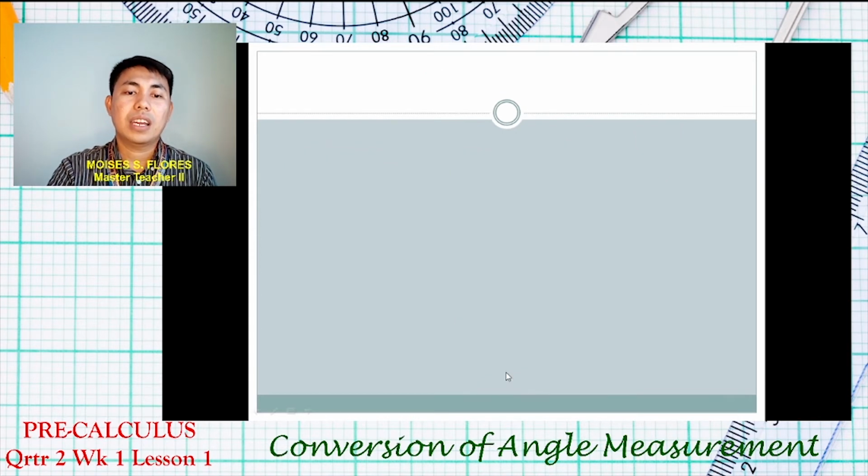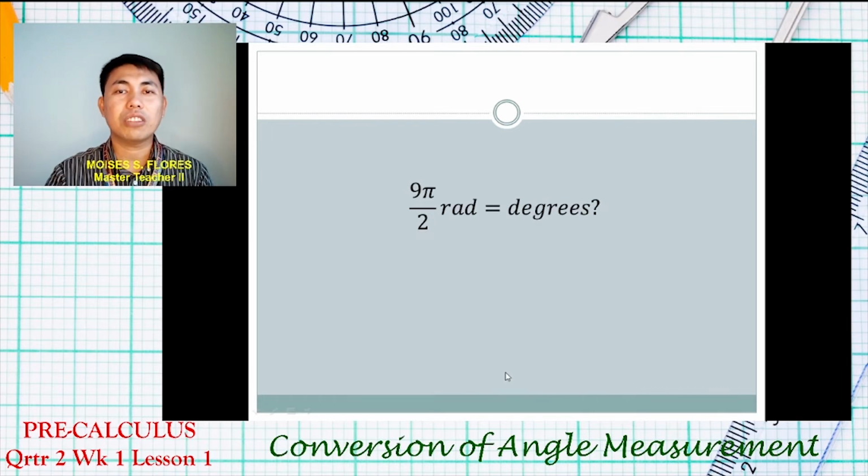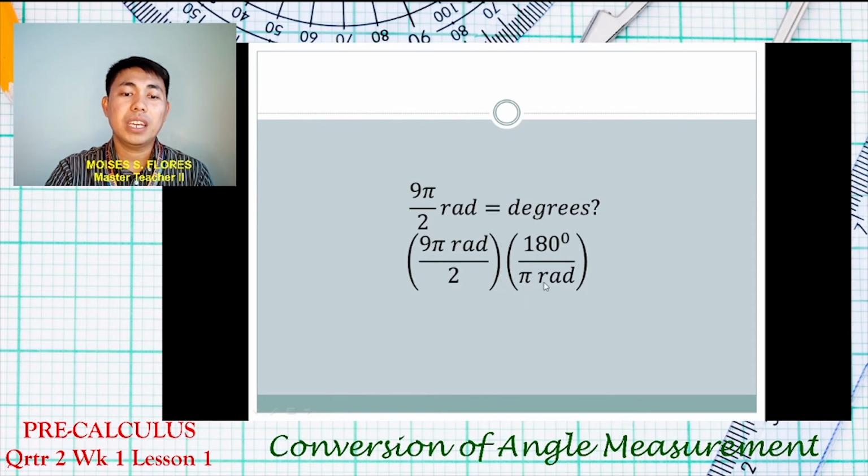Let's have another example. Try to solve it also. We have here 9 pi over 2 radian. What will be the value of that in degrees? All we need to do, guys, is multiply this given radian by 180 over pi radian. Then we simplify it further. What is the value of 9 multiplied by 180?